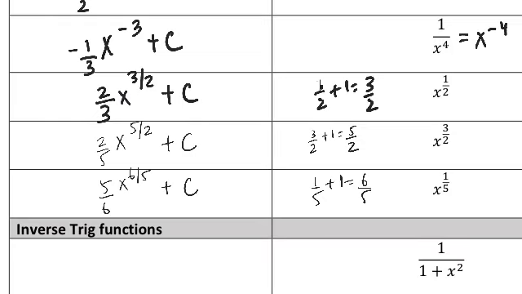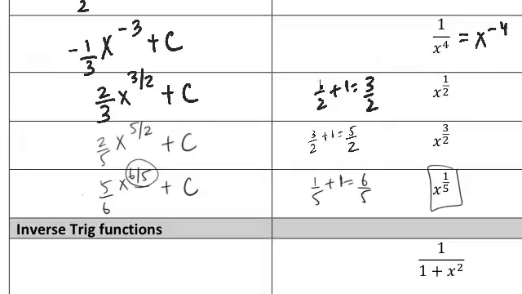You got to know how to add 1 to a fraction. So for example, 1/5 plus 1 is 6/5. So there's my new power here if I'm anti-differentiating x to the 1/5. And then the reciprocal of 6/5 is 5/6. Please realize that there's no negative sign when we say reciprocal. That does not involve changing the sign.